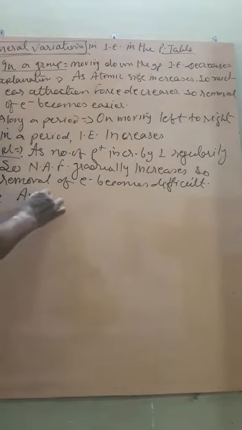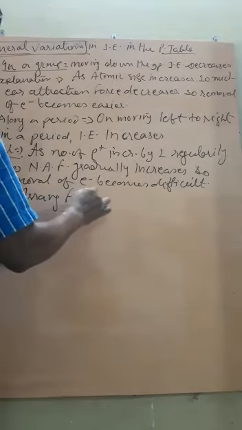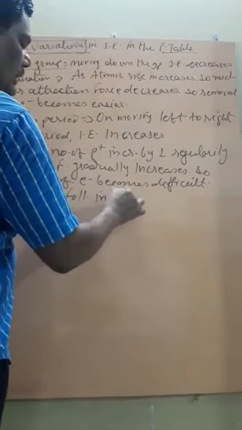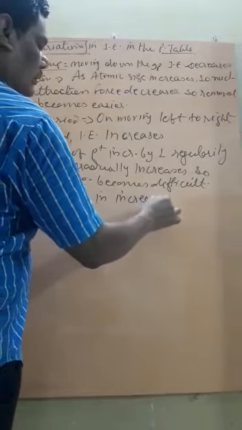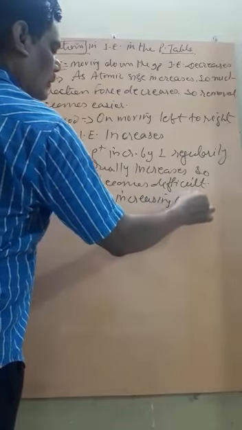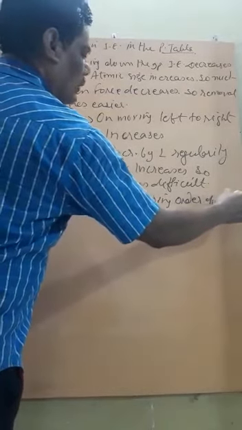On the basis of it, if you are asked the question, arrange the following in increasing order of ionization enthalpy, and the question is B, C, N, that is boron, carbon and nitrogen.